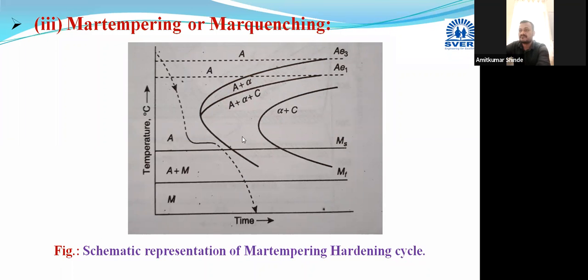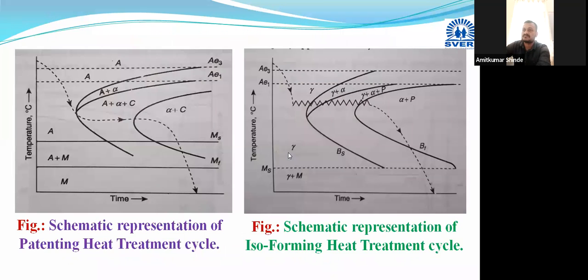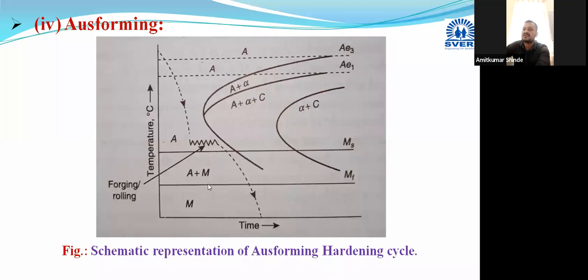This is martempering. This is ausforming. Two or three more types are there. Please try to understand it clearly.